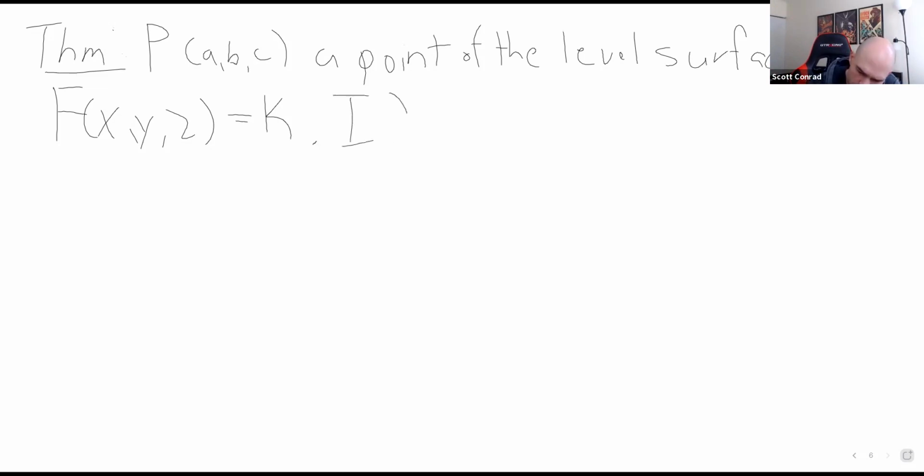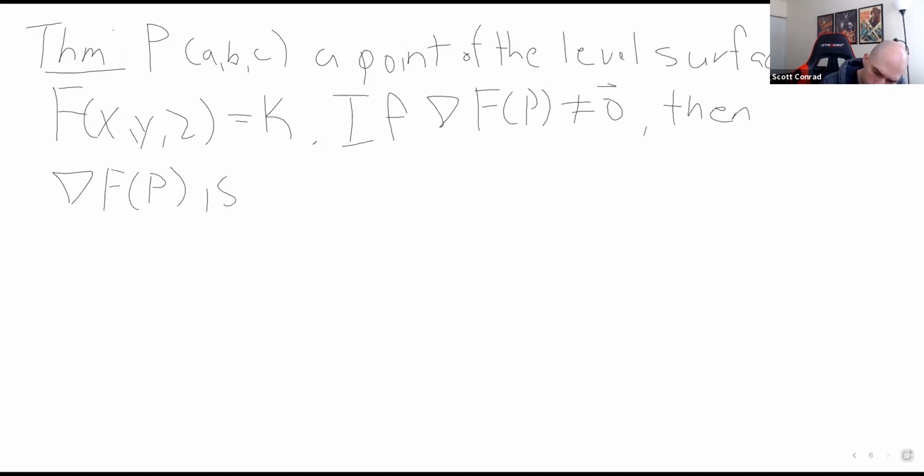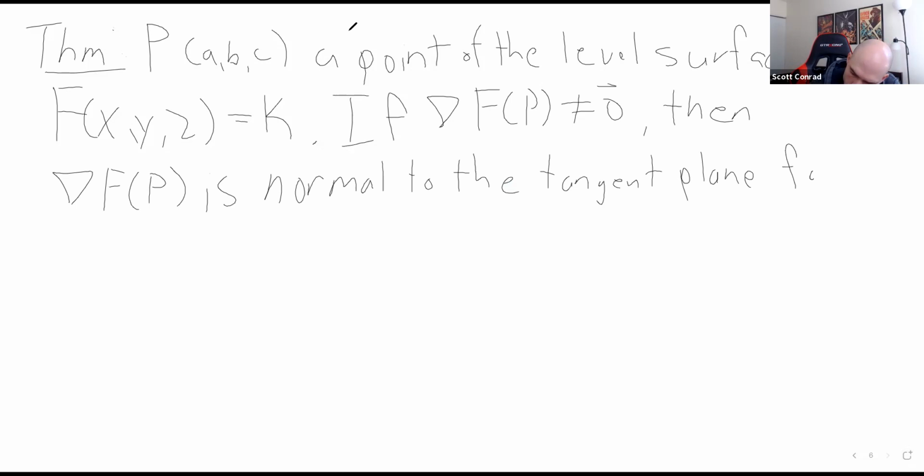If the gradient of our function at the point is not 0, then the gradient of f at the point P is going to be normal to the tangent plane for the level surface at P.